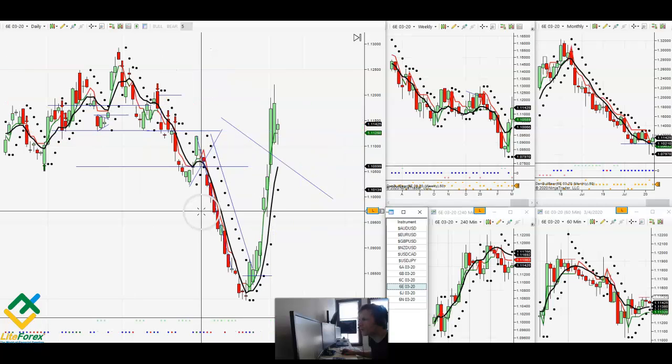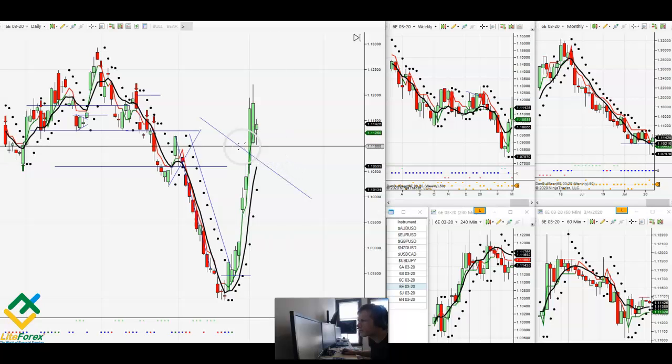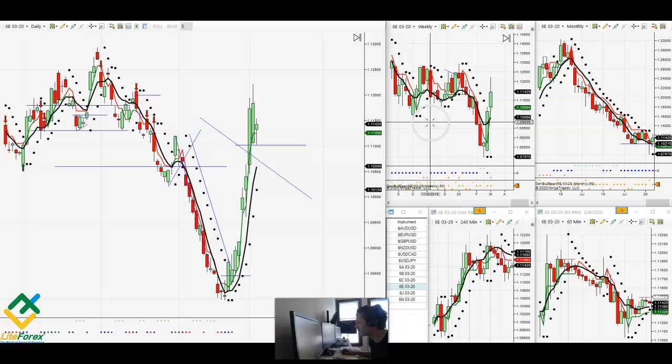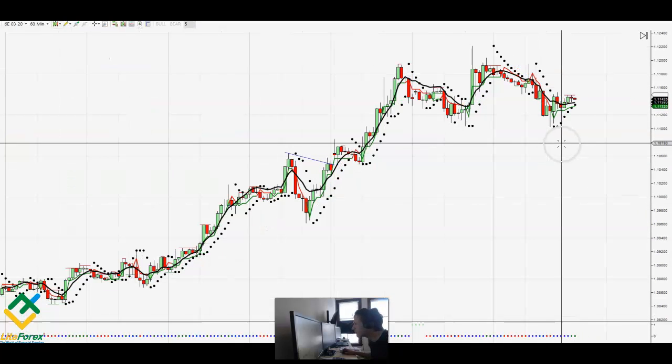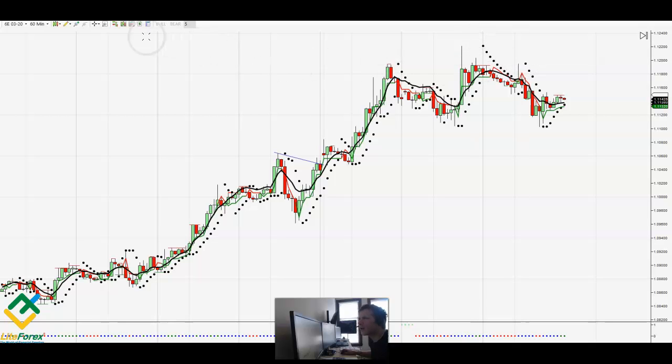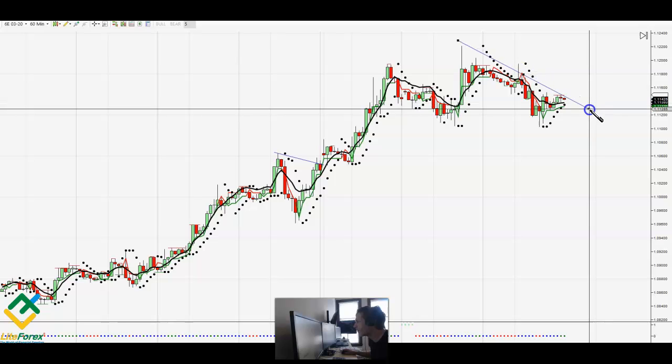Okay, if we're looking at the Euro futures, they look a little bit different, but it is holding this support at 1.1100. So yeah, you can just see on the 60-minute chart, we are trending down.